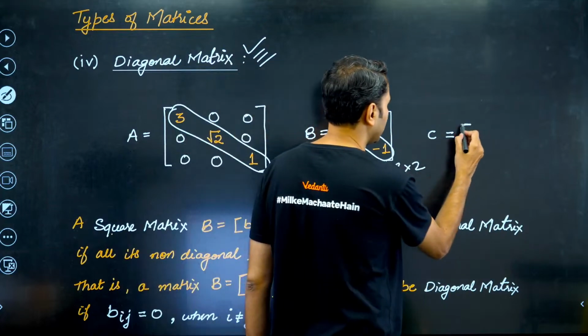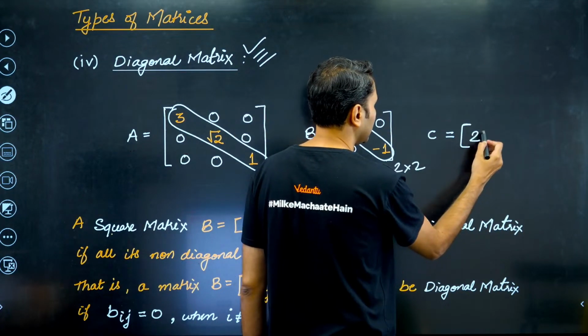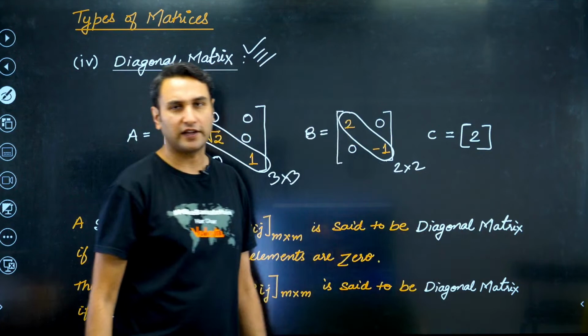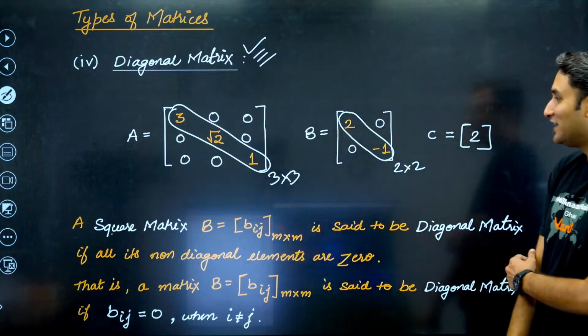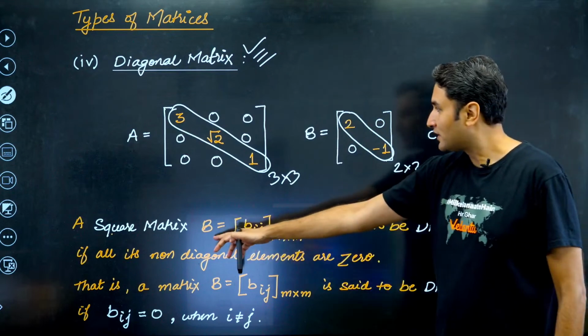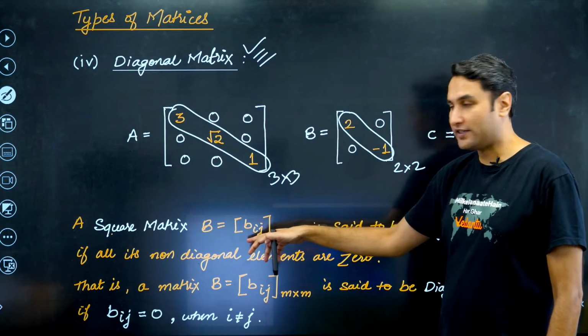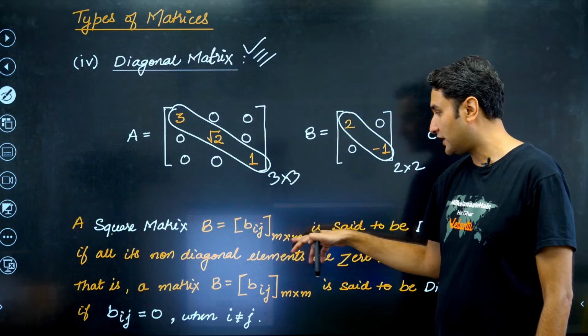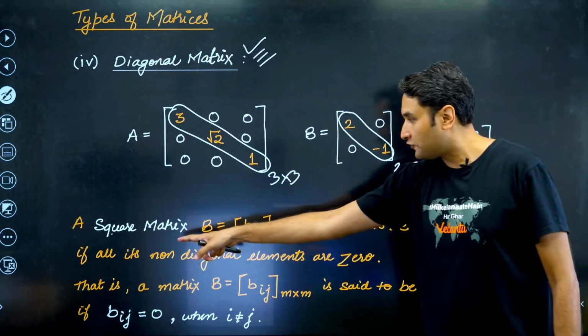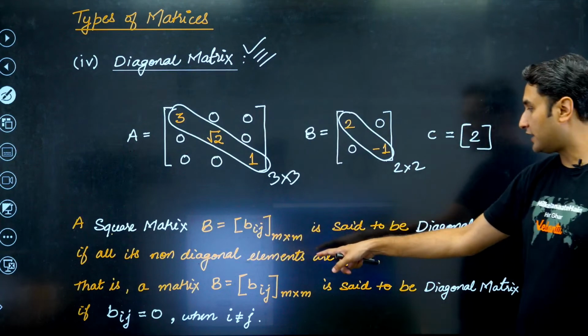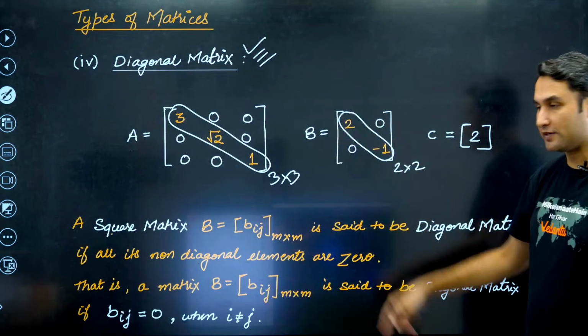Yes, you can also write any number. Is this a diagonal matrix? Yes, it is a diagonal matrix as well, of a single element. So a square matrix B, defined as all the elements Bij in the m by m matrix, is said to be a diagonal matrix if all its non-diagonal elements are 0.